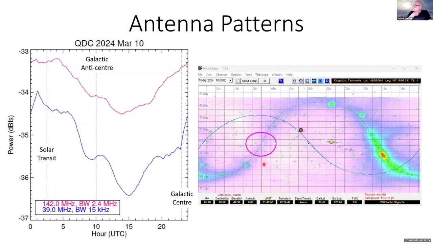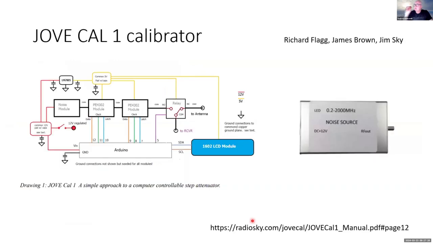What I'm really working towards is fully calibrating my system. The next thing is the nice calibrator that Richard and others have been working on, and I've started to buy the bits.